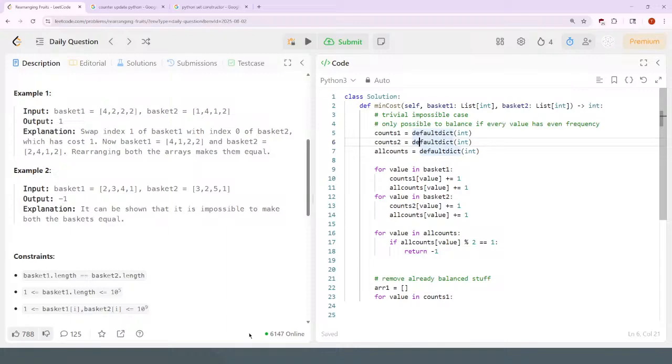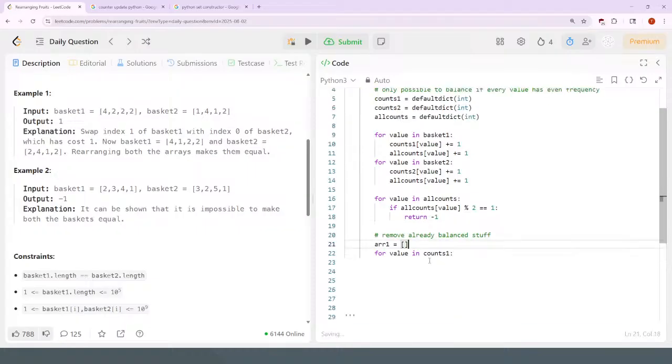Okay, so here, remove the balance stuff. So I think maybe for every value in all counts, I want to make 0.